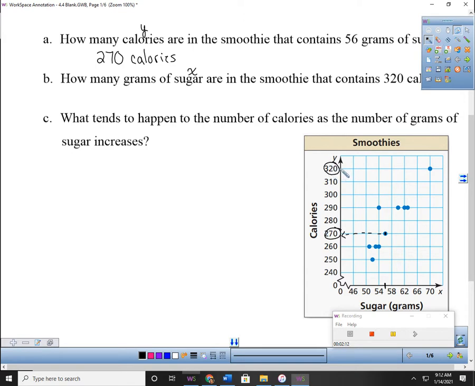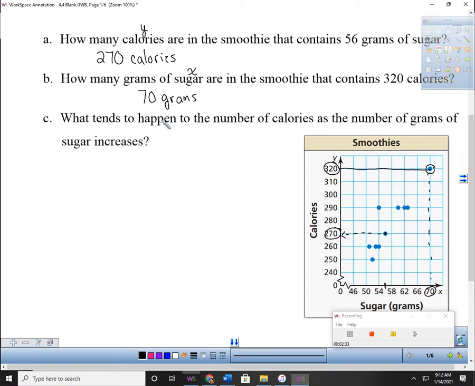And I'm going to go over until I get to a point right there, right? This represents a smoothie that has 320 calories. And then you're going to shoot down to see how many grams of sugar is in that, and that gives you 70. So there are 70 grams of sugar in a smoothie that has 320 calories.